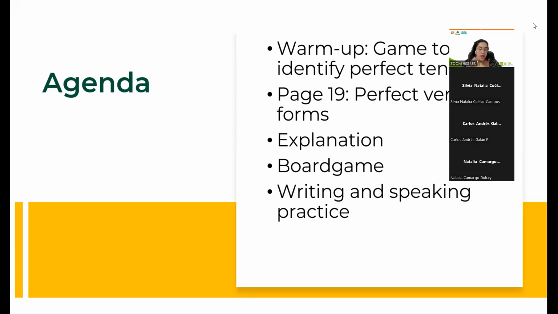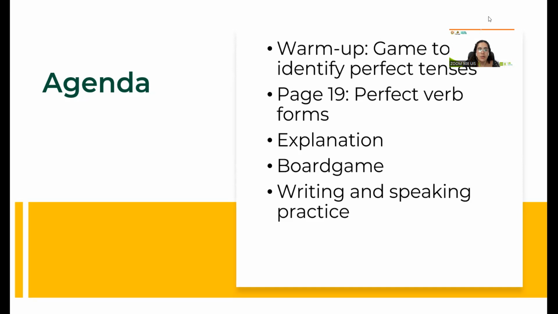Today we're going to do an overall review of the different perfect tenses, in present, past, and future, where we have the explanation. We will play a board game in groups to practice this topic. And finally, a writing and speaking practice that you can do first individually and then, of course, in pairs to ask and answer questions. Okay, so this is our program for today, our agenda.